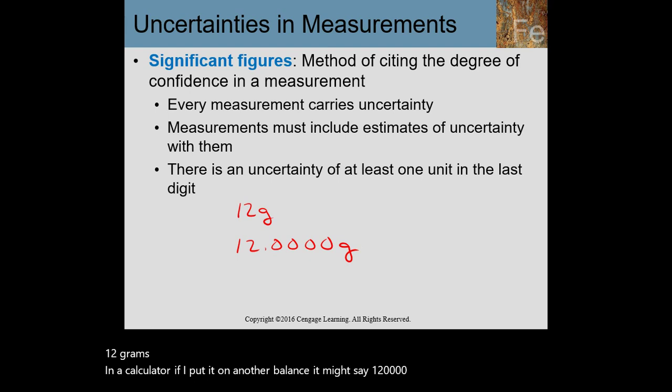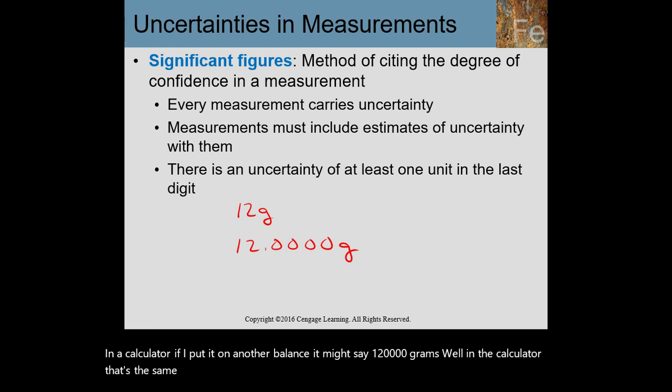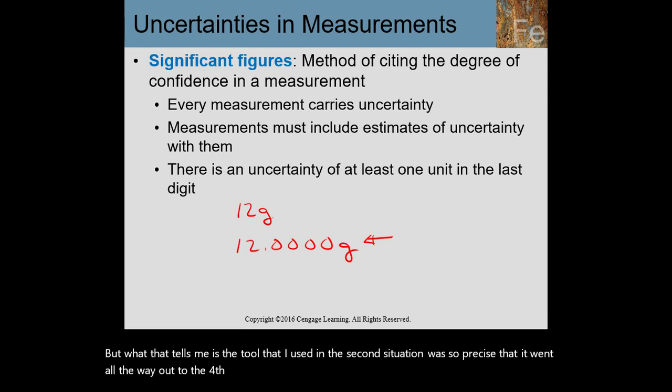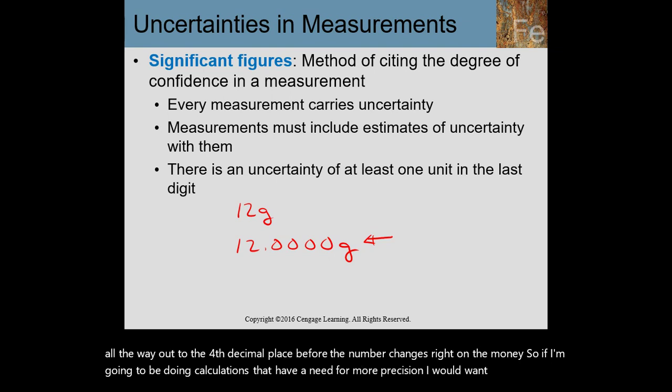Well, in the calculator, that's the same number, right? But what that tells me is the tool that I used in the second situation was so precise that it went all the way out to the 4th decimal place before the number changed. So it was like right on the money. So if I'm going to be doing calculations that have a need for more precision, I would want to use a tool that had more precision.